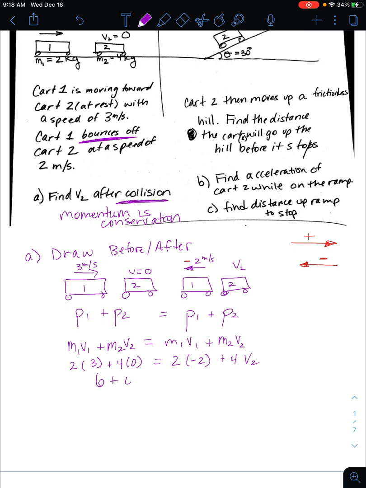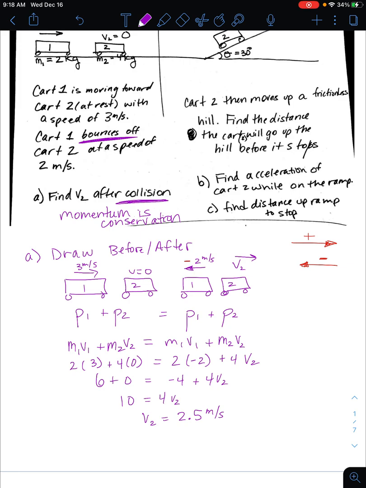We can say 6 plus 0 is equal to negative 4 plus 4v2. And when we add the 4 over, we get 10 equals 4v2, or that v2 equals 2.5 meters per second. Positive because the cart is moving to the right.